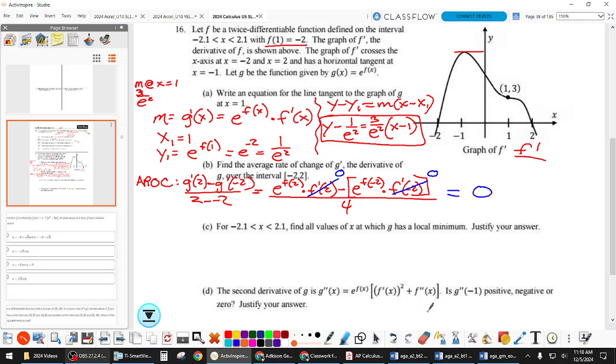Alright, on our interval, find all x values where g has a local minimum. How? G prime of negative 2. And doing what with it? Find your local extreme, which is 2, negative 2, and 4.